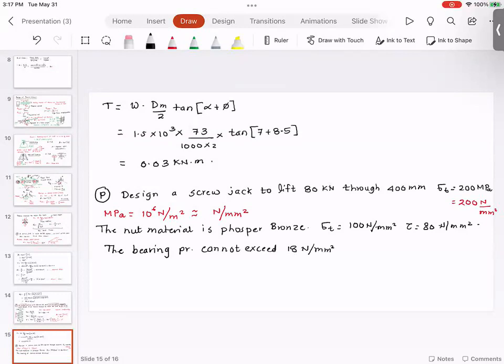So if you look at the whole screw jack assembly, you're going to observe something like this. There will be the screw. Then there will be this nut.